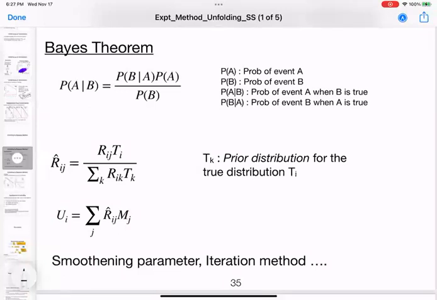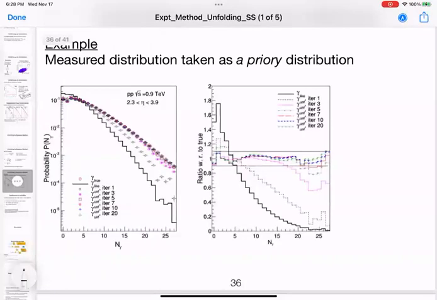One can start this unfolding with what is called a prior distribution or a guess distribution, and one can do some iterations. There is also one parameter called the smoothing parameter that acts like a regularization. So let me show you one example of how it can be done using this Bayesian method.